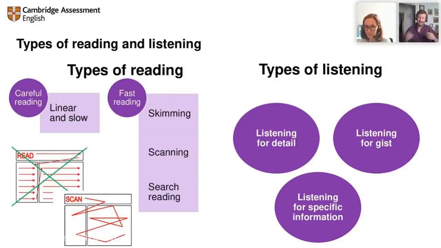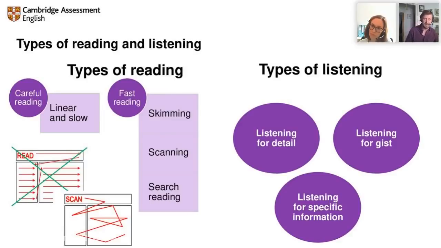Exactly, and this will then affect the time that you set for a task. So I think really thinking what the students are being asked to do will affect how much time they have. If it's a very long text and we're encouraging them to scan, we'll probably give them less time. So we don't want them to be reading everything in detail, especially at the higher levels in our exams.